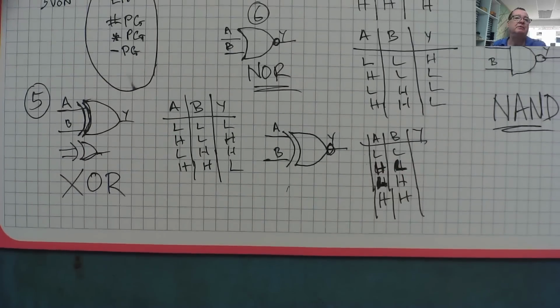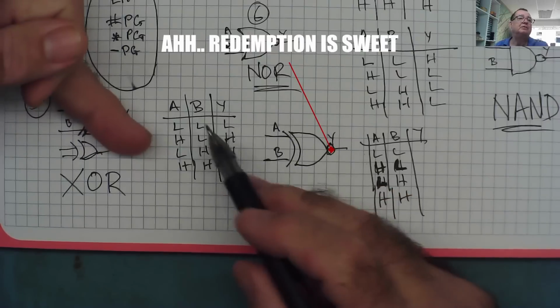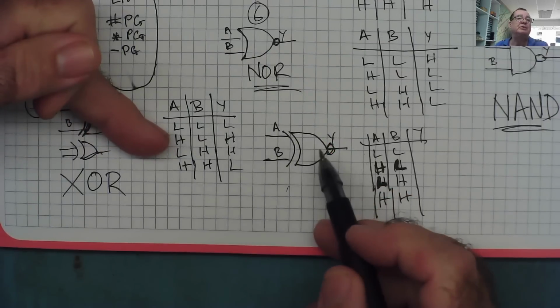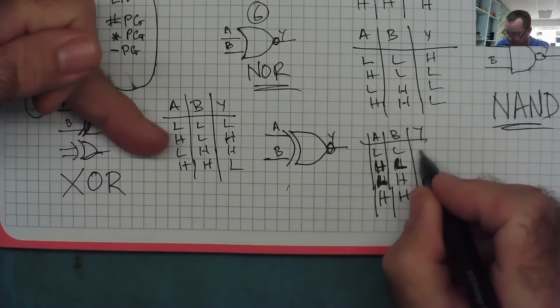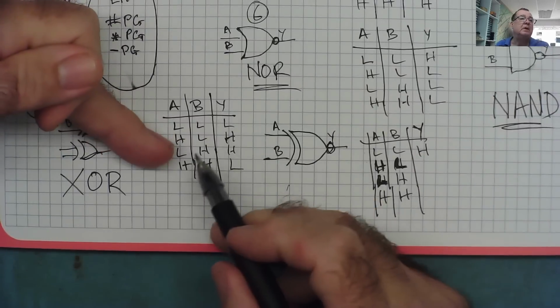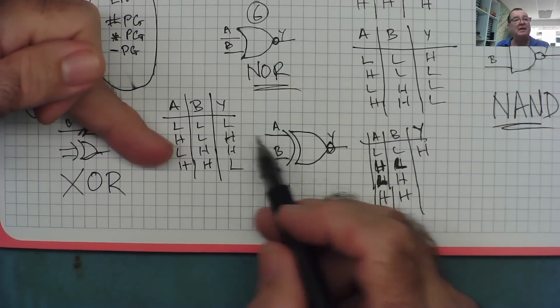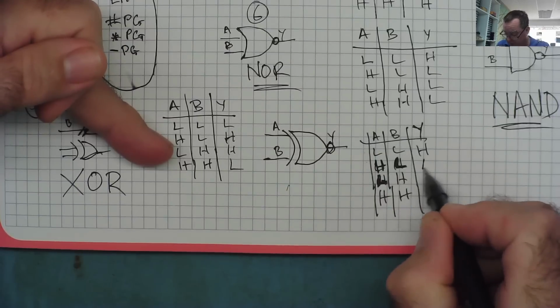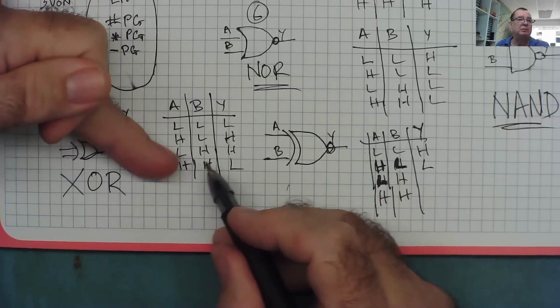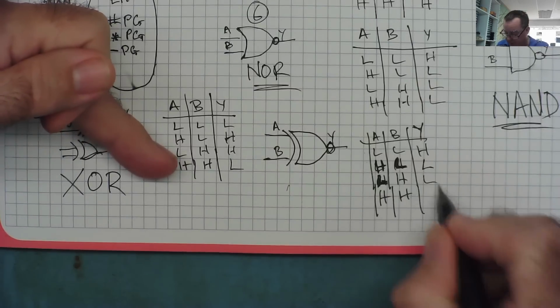Now let's put an inverter on it. What do we get? Well, like the XOR, when both the inputs are low, the output should be low, but the inverter inverts it, it's high. When A is high, B is low, output should be high, inverter inverts it, it's low. Same with this one, when B is high and A is low, output should be high, inverter inverts it, it's low.